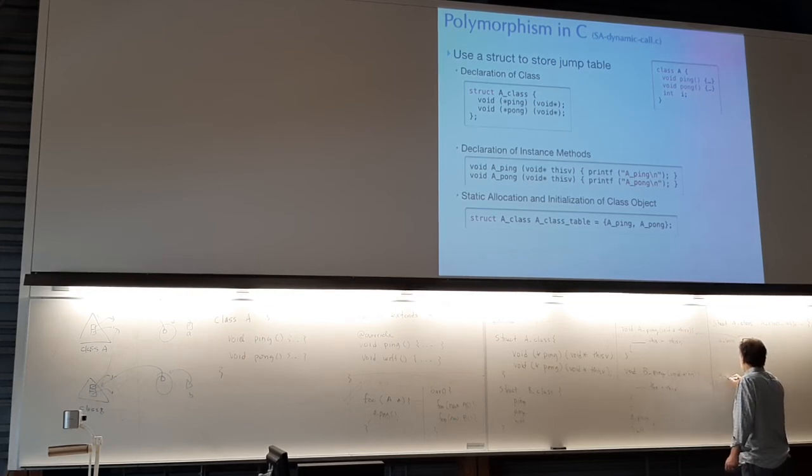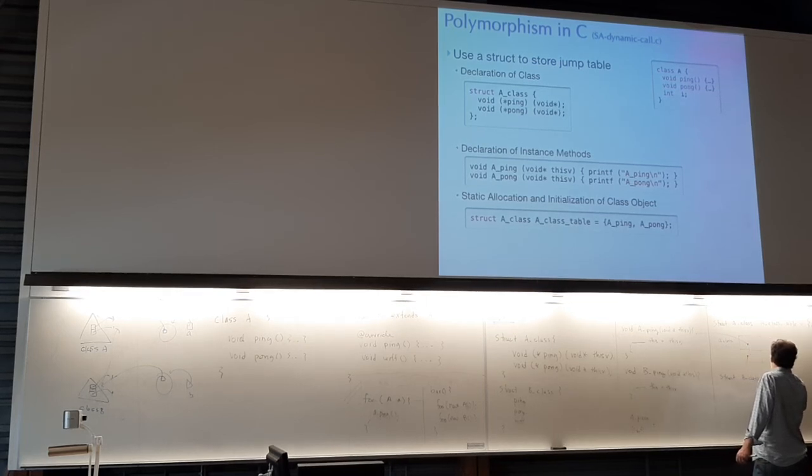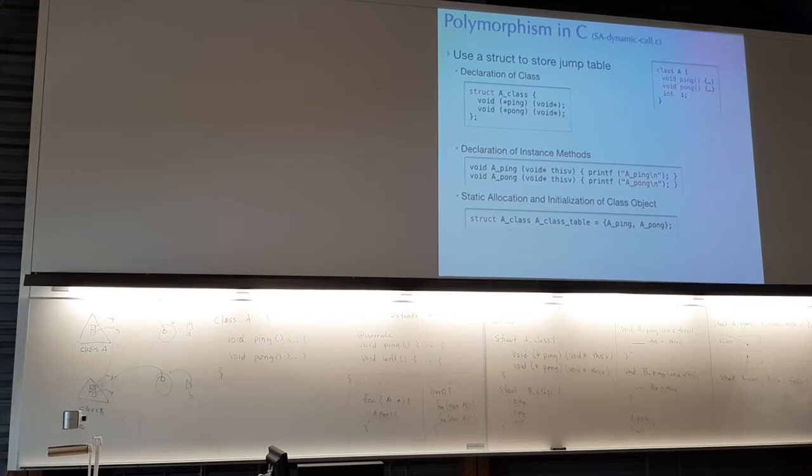Similarly, we have struct B class, which is B pong, B ping, A pong, and B whip. So it is, I'm trying to stick with black for all the static stuff, but I'm running out of black.